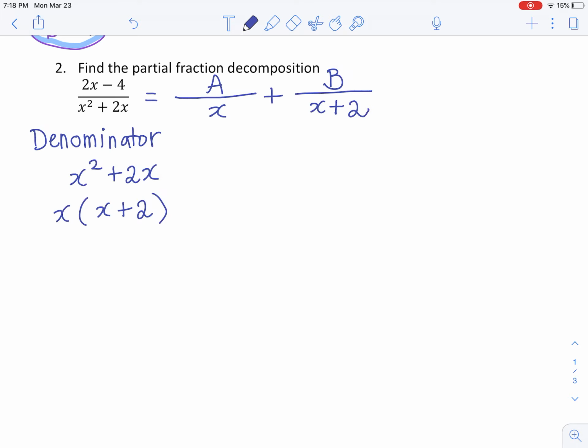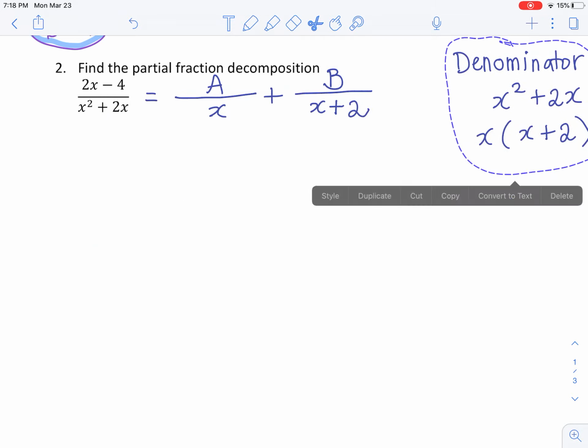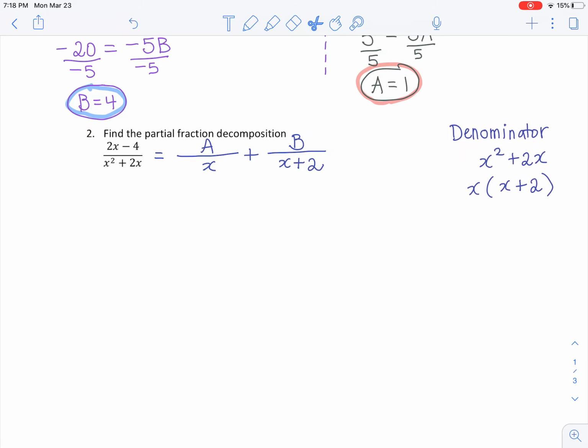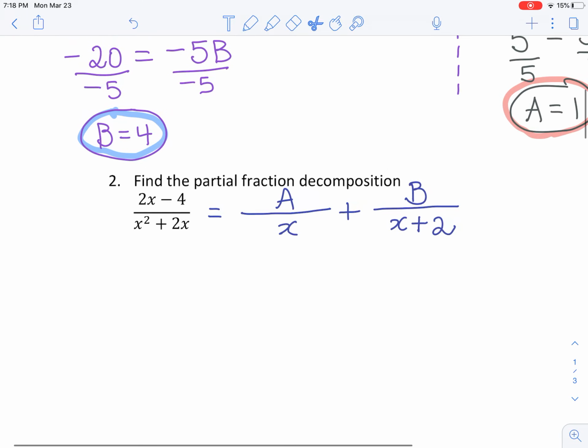Notice how in this one we had to factor the denominator first. Now, let me move this work to the other side because I want to multiply both sides by something. What are we going to multiply to both sides? We're going to multiply both sides by x times x plus 2.